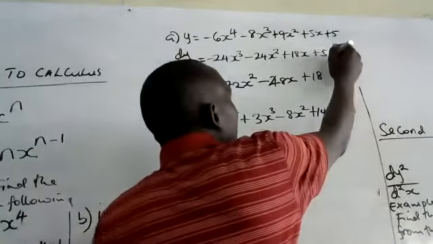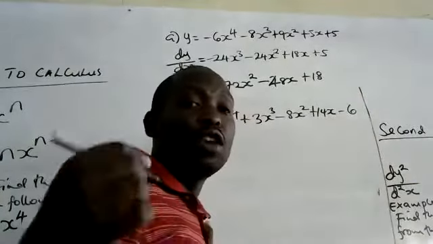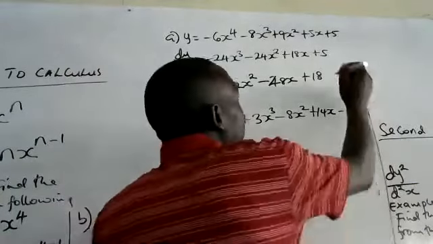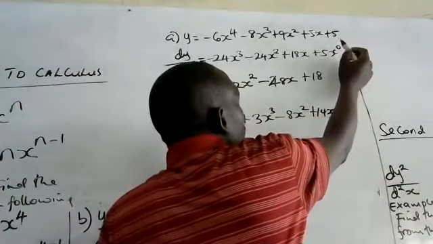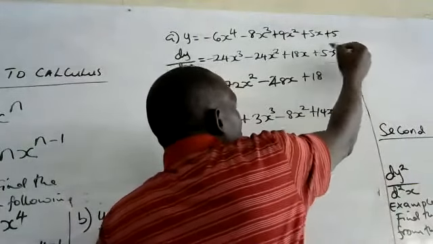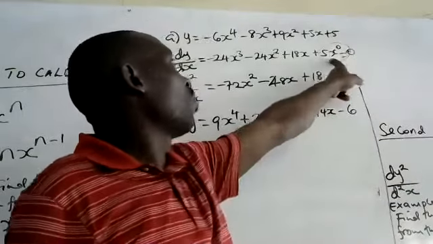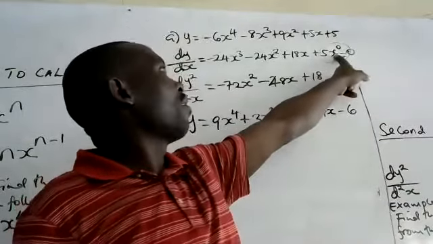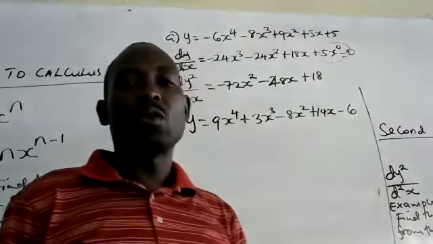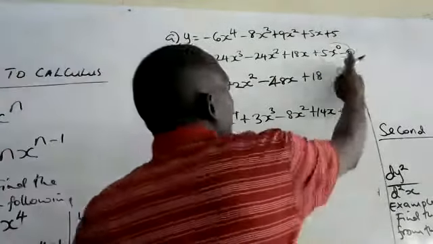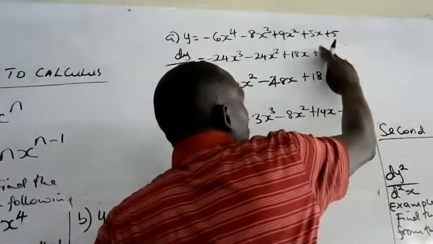But when you are differentiating, you need to know that it is there. If it is there, x raised to power 0, 0 times 5 will make everything to be 0.